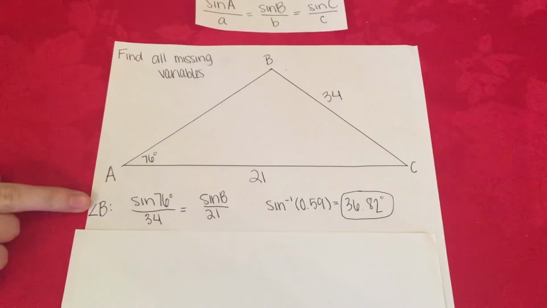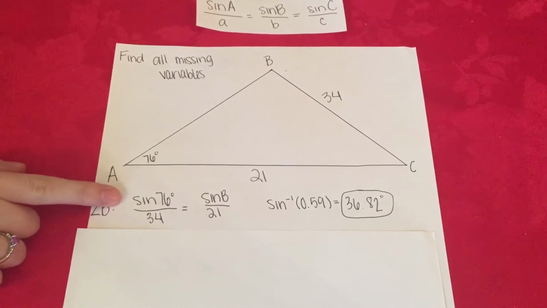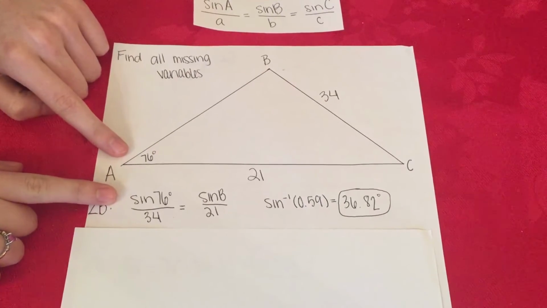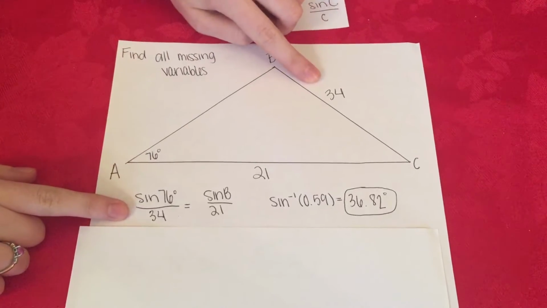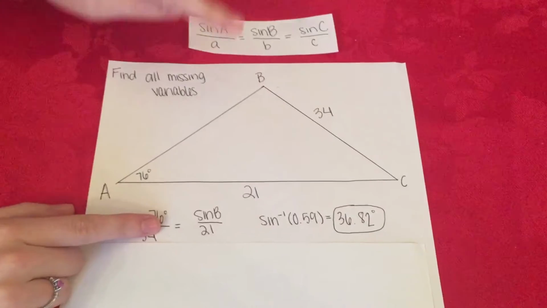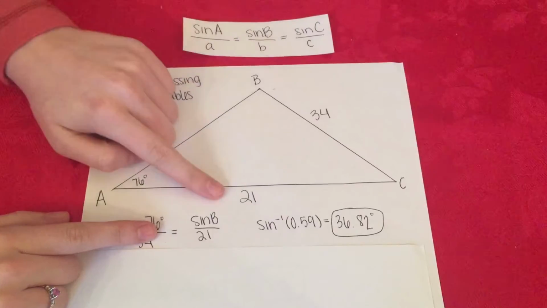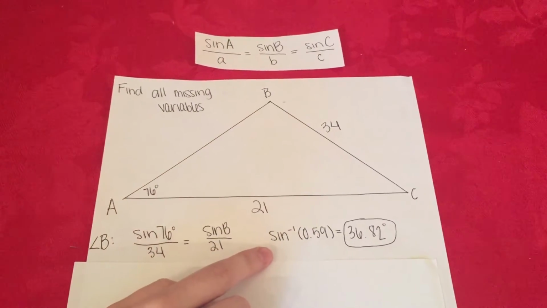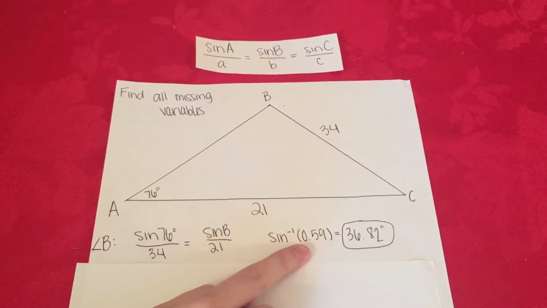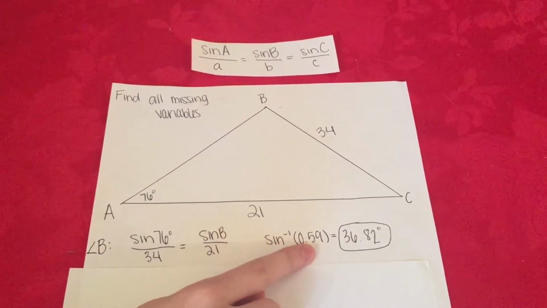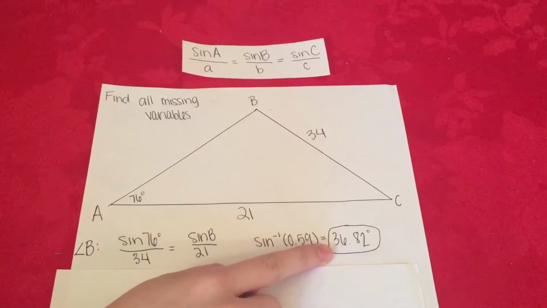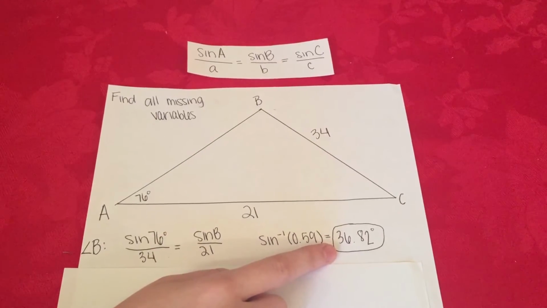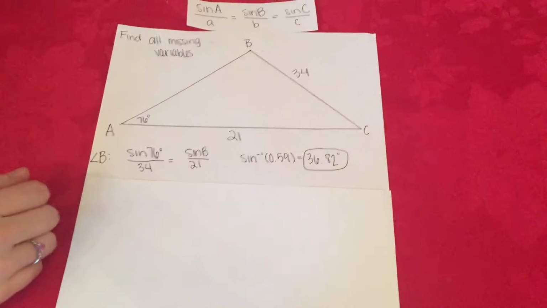To find angle B, you put in the side of 76, which is A, over side A, 34, and you set it equal to the measure of angle B over the measure of side B. Once we find what that is equal to, which happens to be 0.59, we will find the inverse sine of 0.59, which is 36.82. So the measure of angle B is 36.82 degrees.